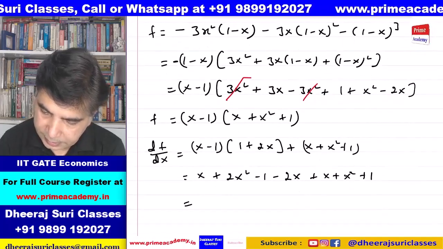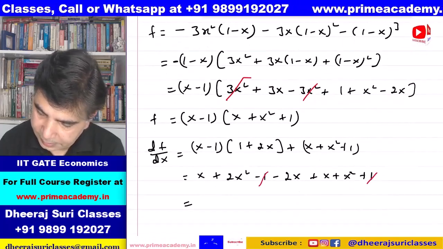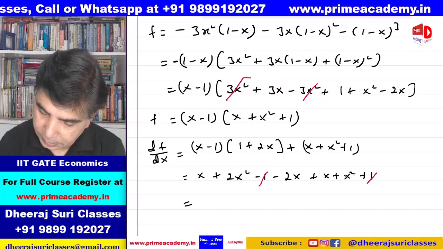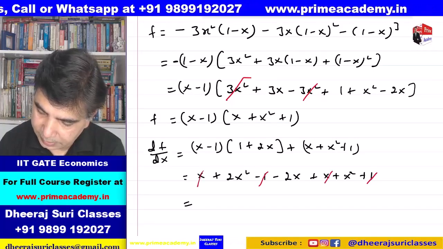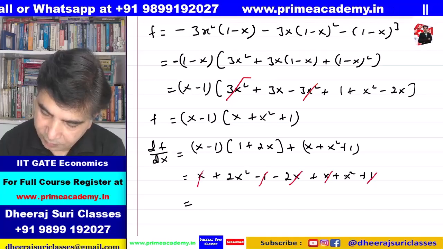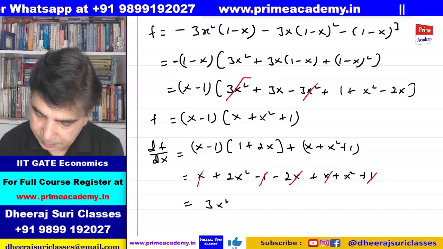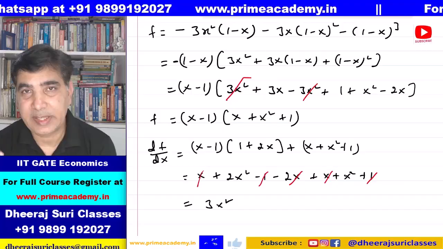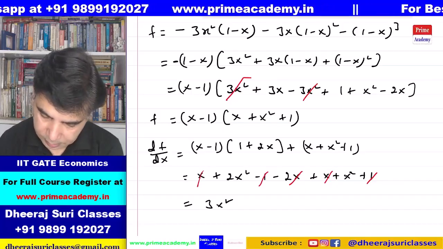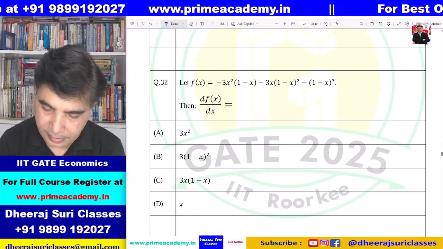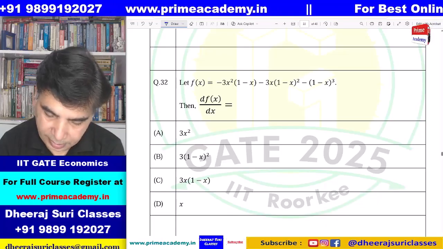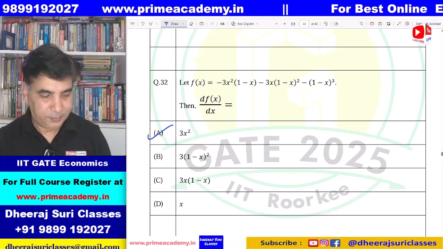Clearly this 1 and 1 cancel. The x and 2x also cancel. I am left with 2x square plus x square, so 3x square is my answer. So df by dx is 3x square. A very simple question, but I did it to show you so you can understand. A is the answer for this. Okay.